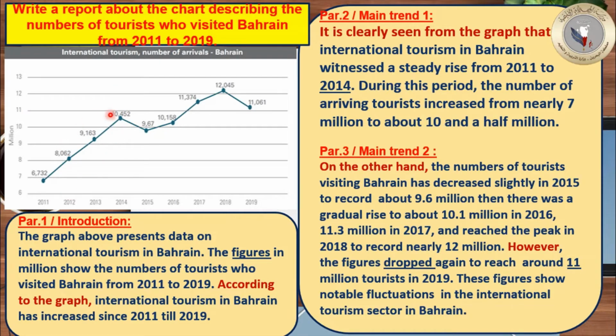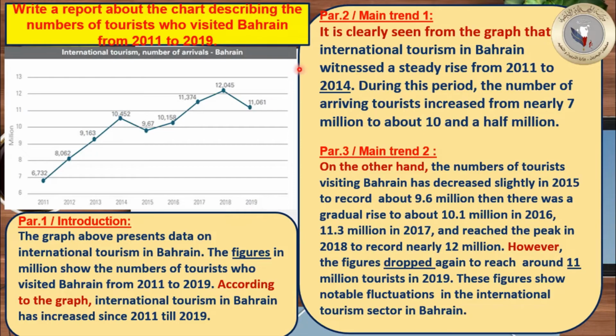This is number 1, the first period from 2011 to 2014, and then in 2015 a second period, and after 2015 to 2018 there is a third period, and finally we have a fourth phase or stage in 2019. In this way we can classify and analyze our line graph in a scientific and professional way.